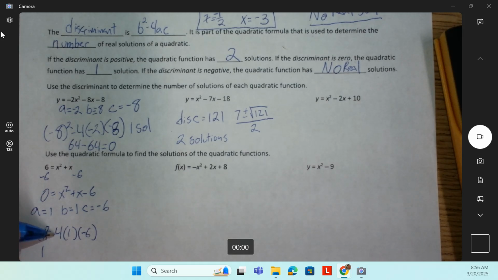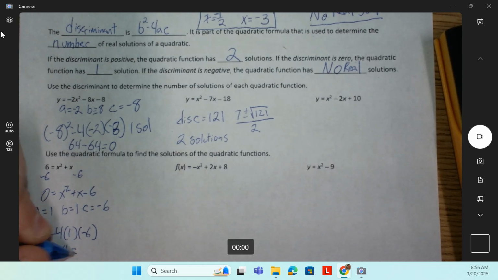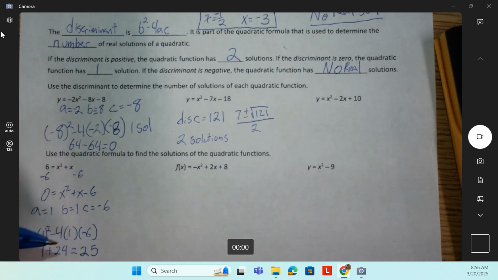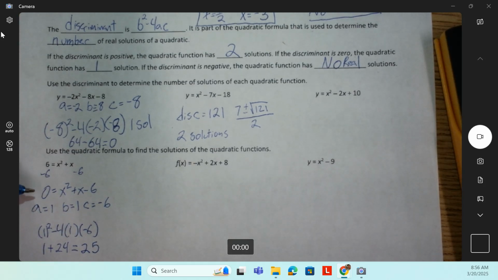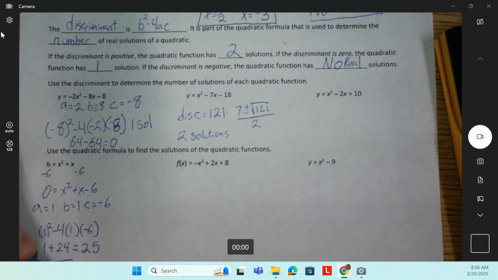So I'd end up with 1, and then -4 and -6 gives me positive 24. So that would equal 25. Then I can just put in -1 plus or minus the square root of 25 over 2 times a, which is 1.